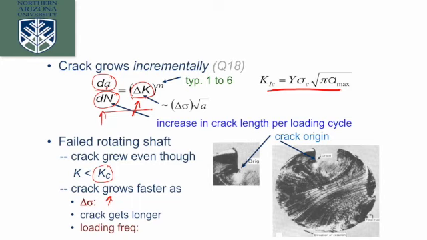And as we increase the amplitude of the stress, we'll increase the length of the cracks. And also, if we increase the loading frequency, which means we speed it up, maybe several hundred cycles a second, or several hundred cycles an hour, versus maybe a few cycles an hour, we also see an increase in the length of the crack growth.